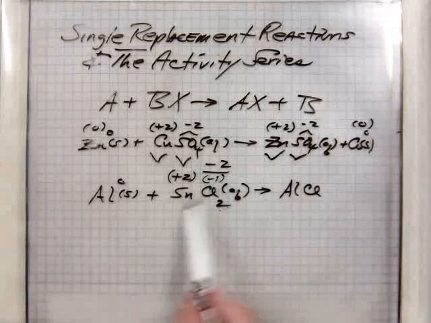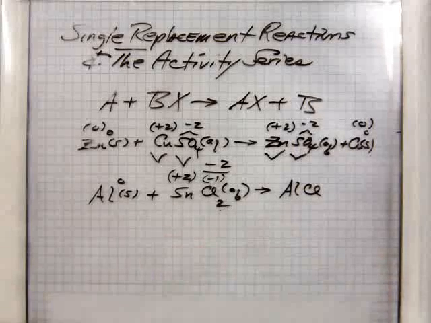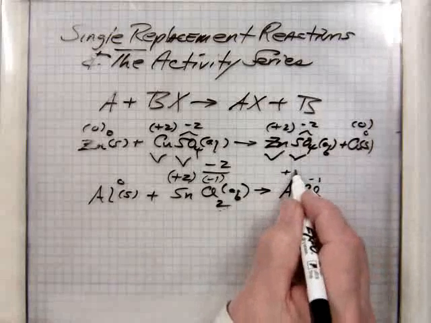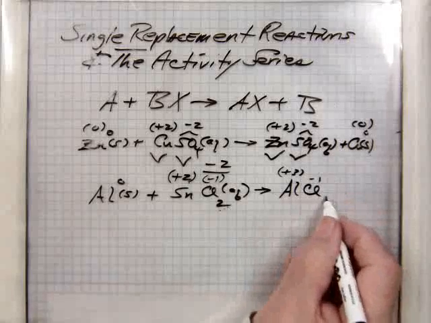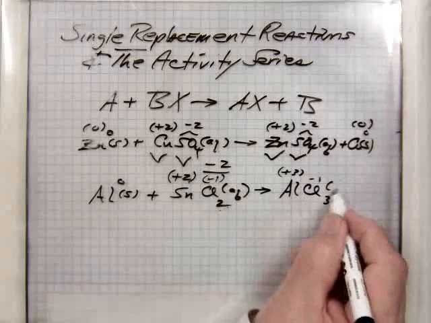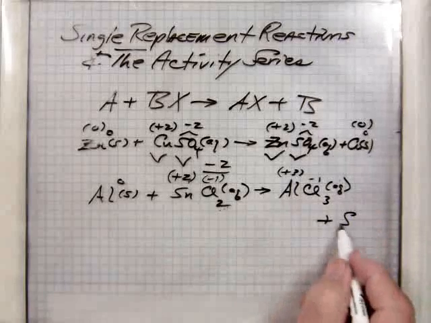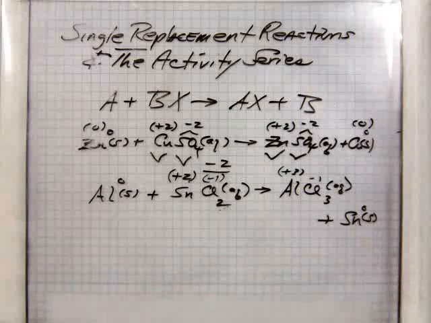Aluminum is a fixed charge element, always +3, and chloride is -1, so that would become a subscript 3, aqueous, and then the tin would come out as a reduced form.